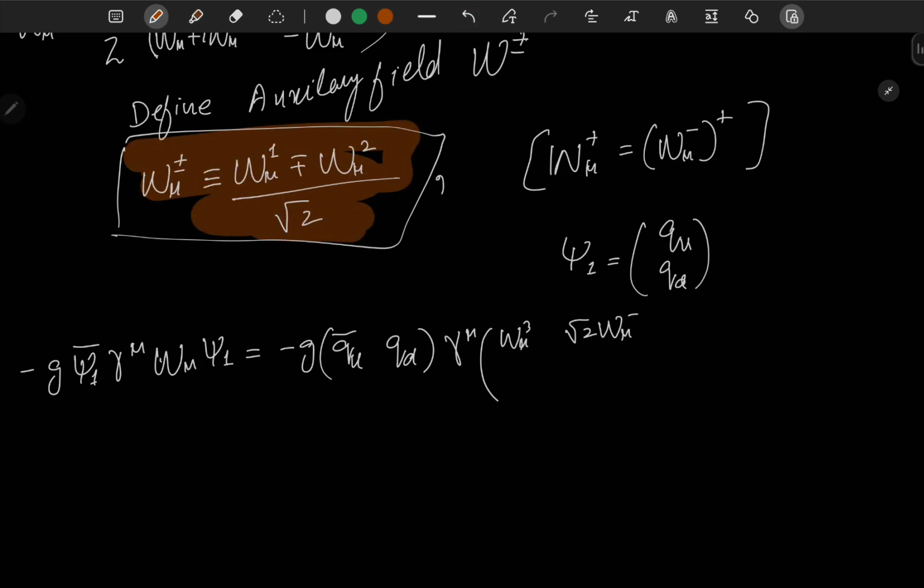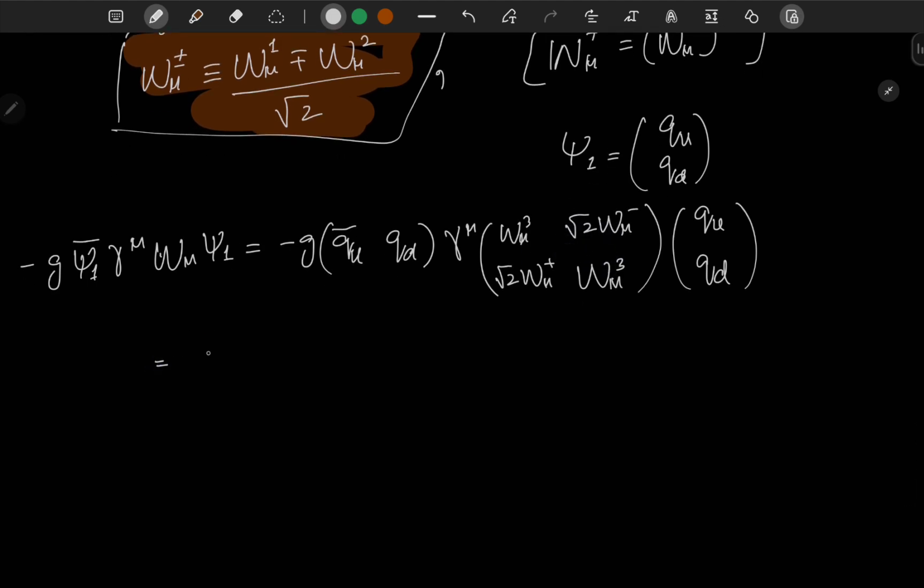So here we get square root of 2 W mu plus W mu 3, and then we have psi1, q up and q down.